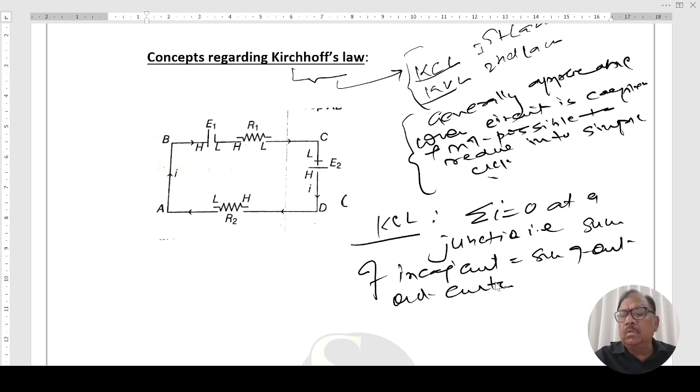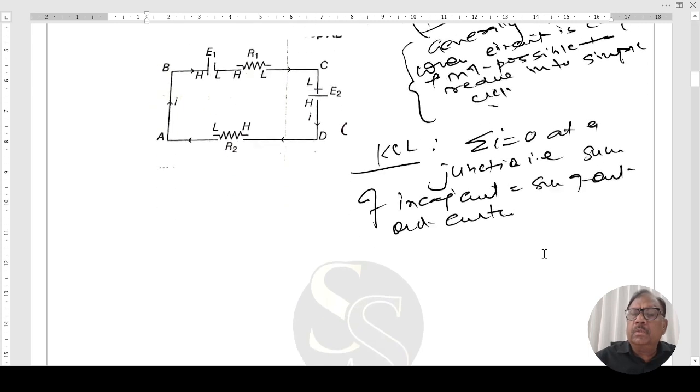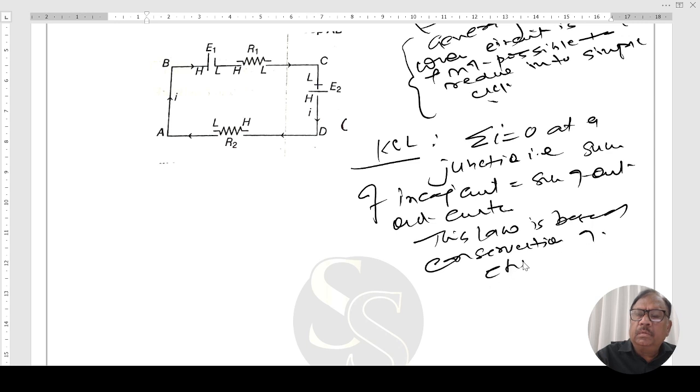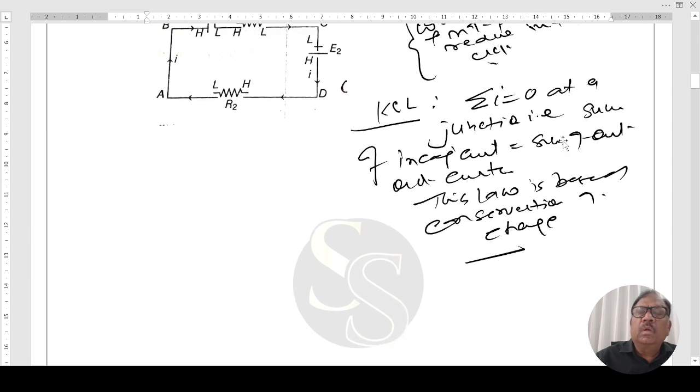Sum of incoming current equal to sum of outgoing currents. This law is based on conservation of charge.